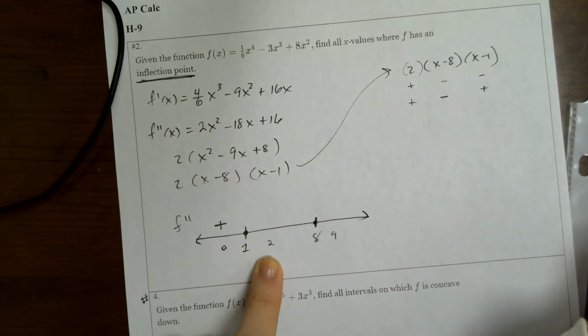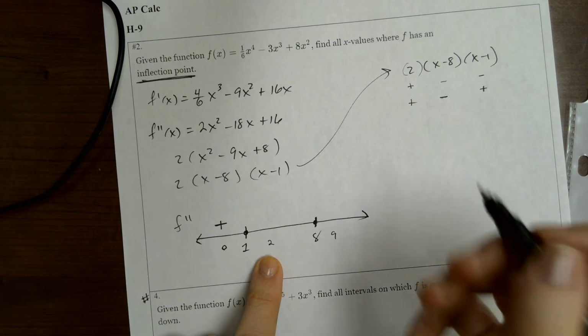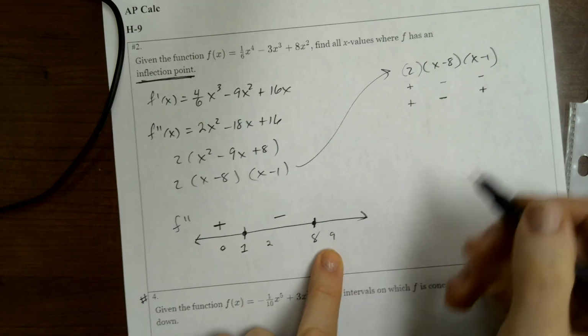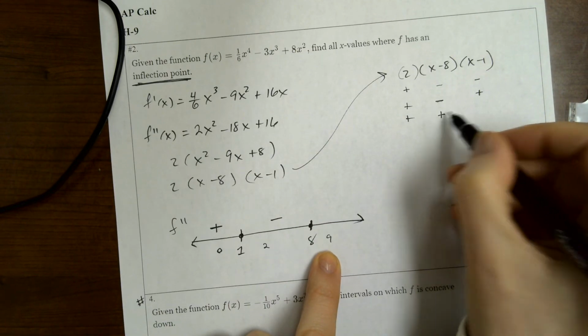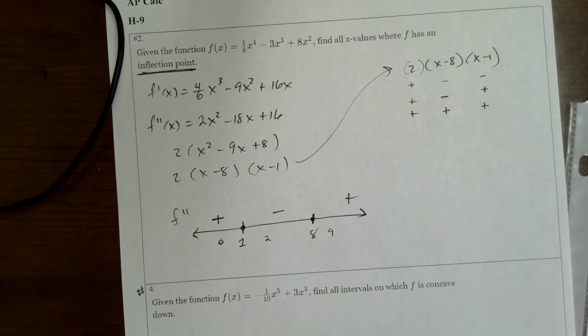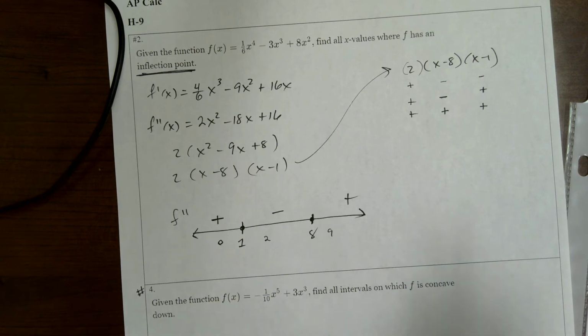And that's positive. So that's going to give you a negative. And then here, I'll plug in 9. That's positive, positive, positive. Okay, so f double prime, we've got sign changes, guys, at both 1 and 8.